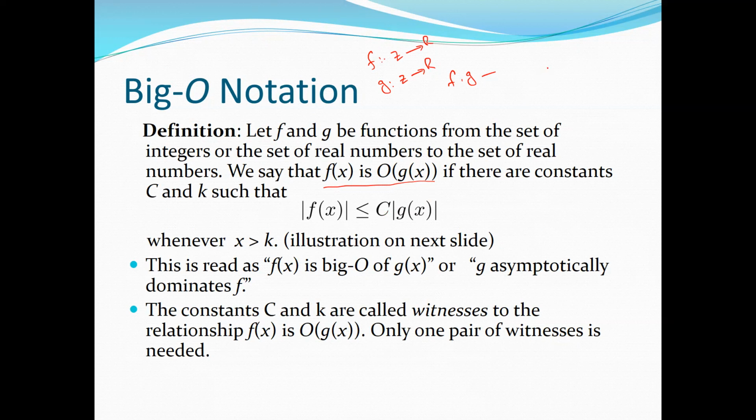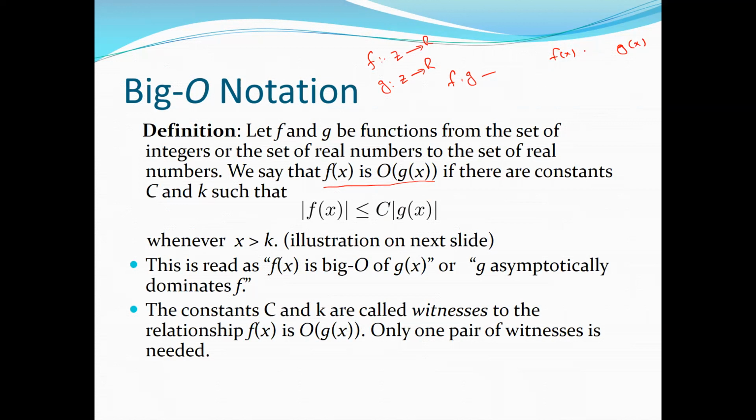So say we have some function f of x, and we have another function g of x. We talk about absolute values, meaning positive values, because we always talk about positive values in terms of the growth of a function. We'll see why.